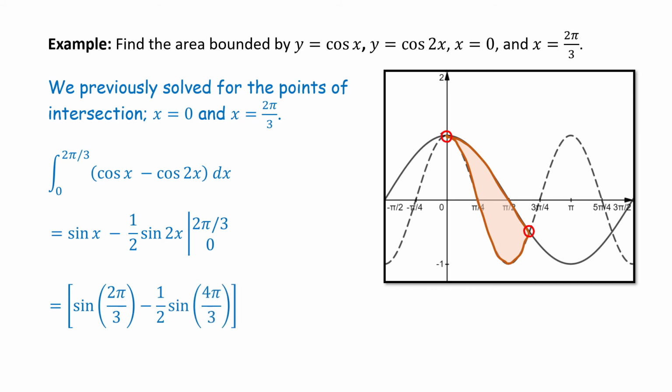So we'll have the sine of 2 pi over 3 minus 1/2 times the sine, and we've got 2 times 2 pi over 3, so that'll be 4 pi over 3. Then we subtract it with the sine evaluated at 0. Minus sine of 0, and then still in the brackets minus 1/2 sine of 0.